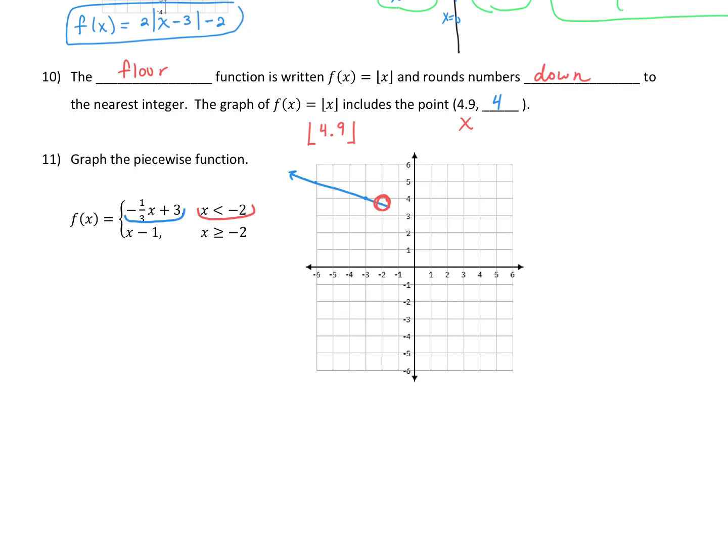All right, now let's draw our next function. We have y equals x minus 1, so the y-intercept is negative 1. The slope is a positive 1. We lightly sketch in our line.